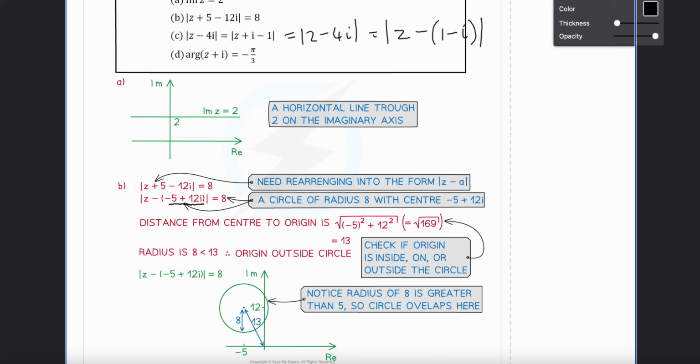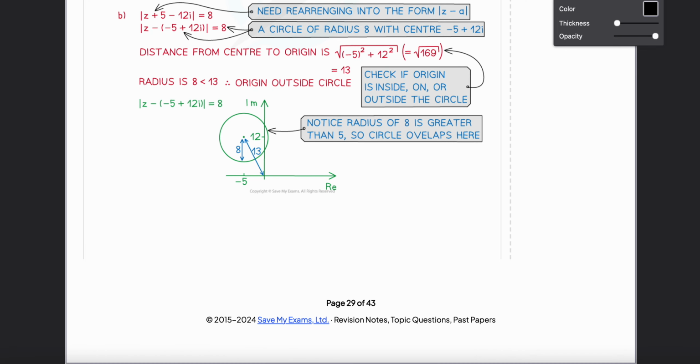See what I did? I just had to factor out a minus on these two. If I factor out a minus, this becomes positive, this becomes negative. So we need a perpendicular bisector between the point 4i and the point 1 minus i. That is what we need to do.